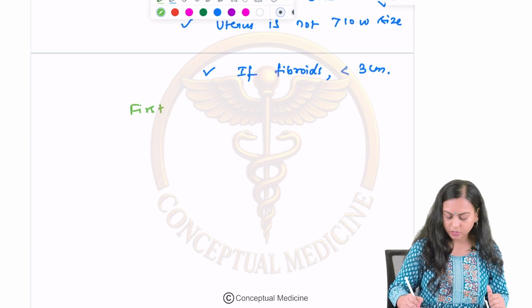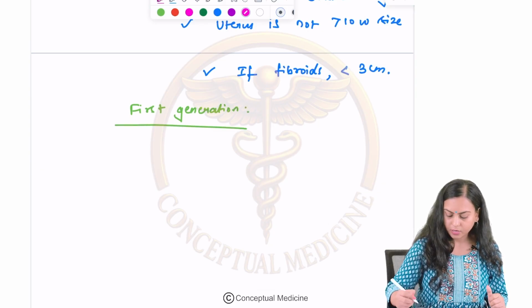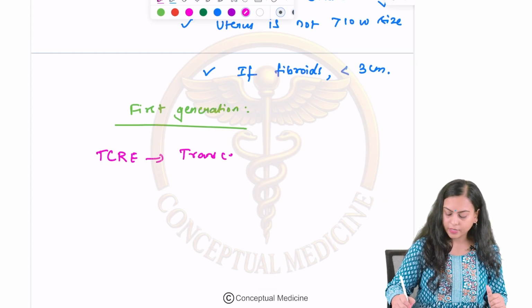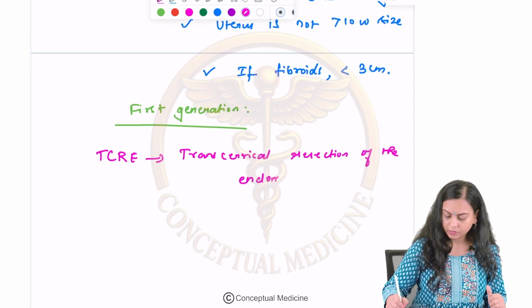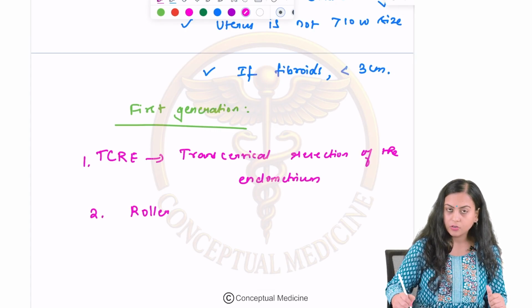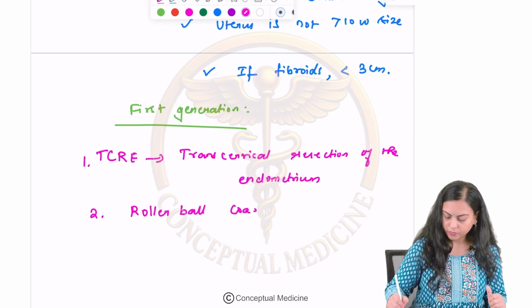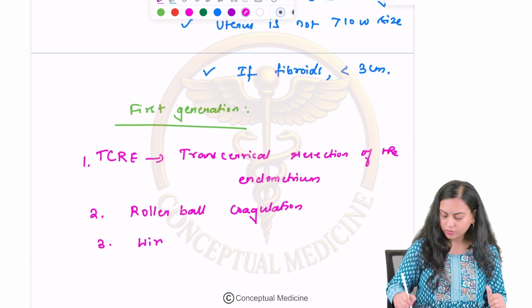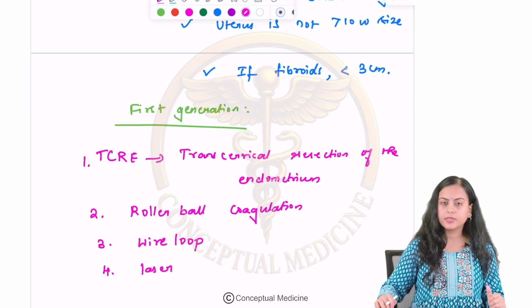So the first generation procedures actually had TCRE, that means transcervical resection of the endometrium, or there was roller ball coagulation, resection using a wire loop, or even a laser.